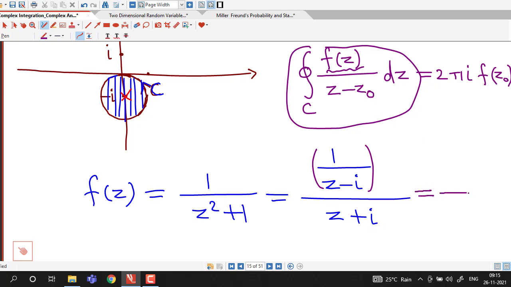We can write one more step. Here we have 1 over z minus i, and z plus i can be rewritten as z minus minus i.